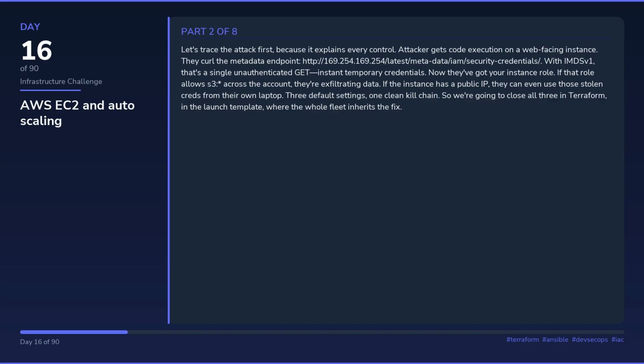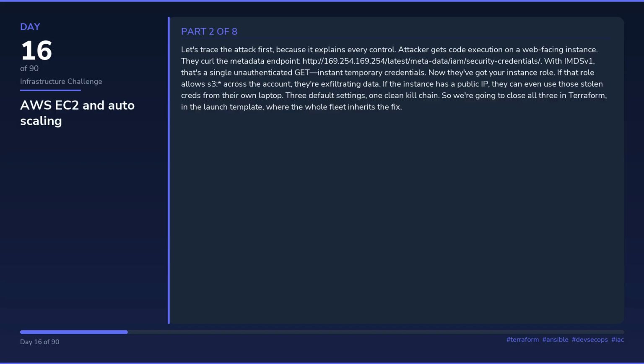Attacker gets code execution on a web-facing instance. They curl the metadata endpoint, http://169.254.169.254/latest/meta-data/iam/security-credentials/. With IMDS v1, that's a single unauthenticated GET, instant temporary credentials.